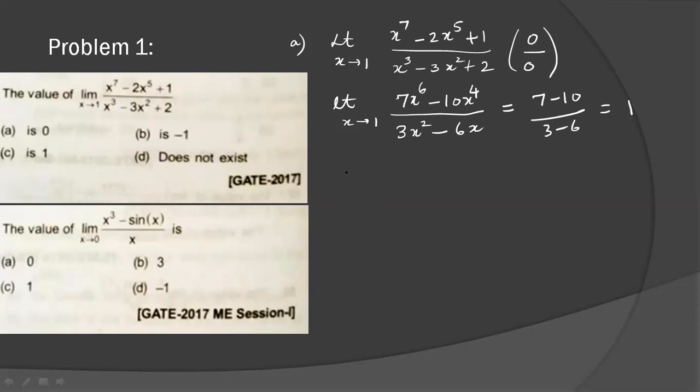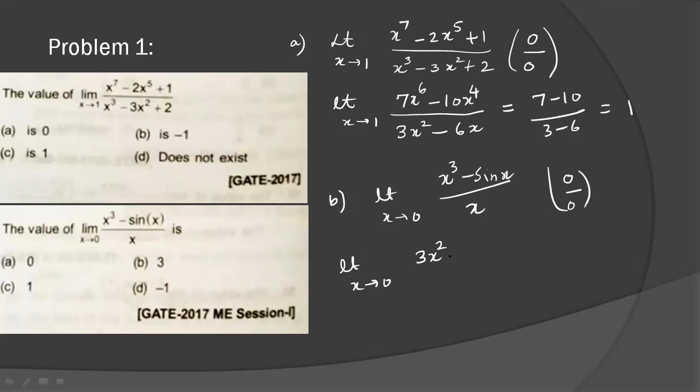Option C is correct. In the B part, the limit x tending to 0 of x cube minus sin x over x. If you apply the limit, it will again be 0 by 0, so it is again a question based on L'Hospital. We can differentiate it. The derivative of x cube is 3x square, the derivative of sin x is cos x, and the derivative of x is 1.